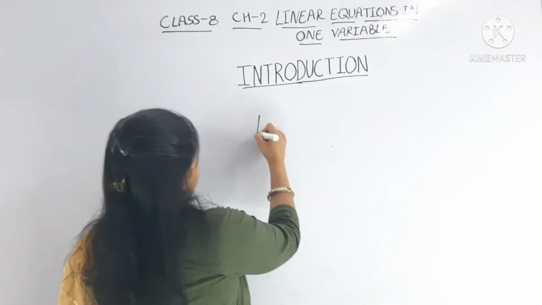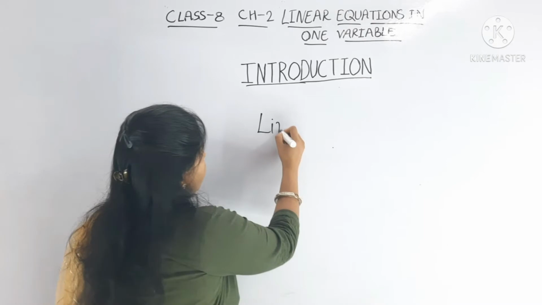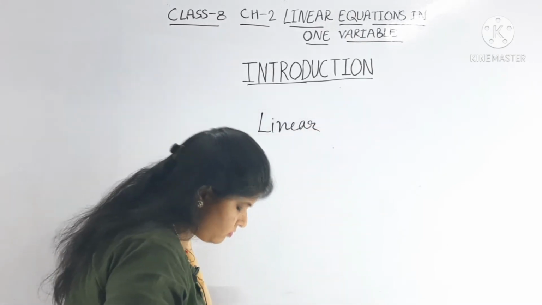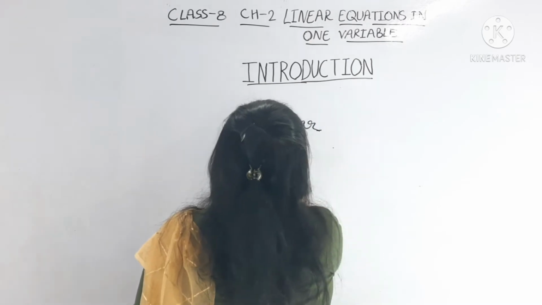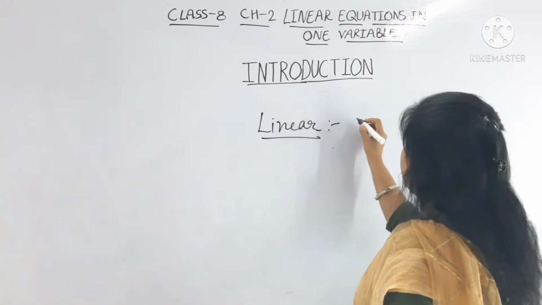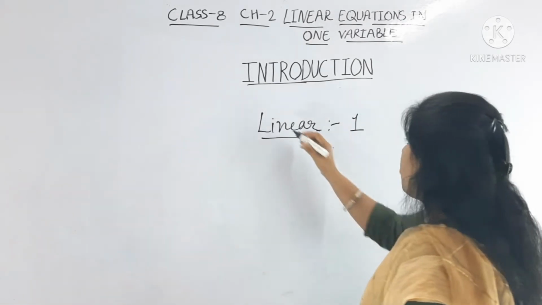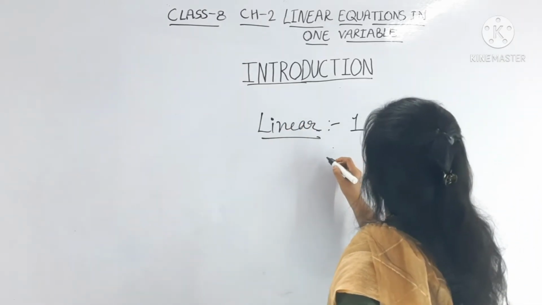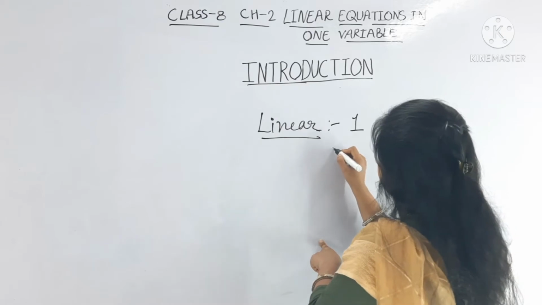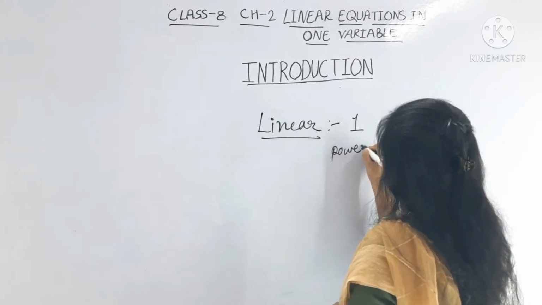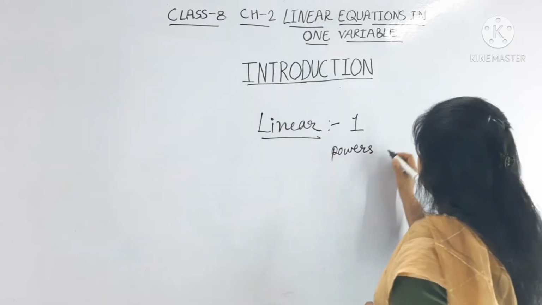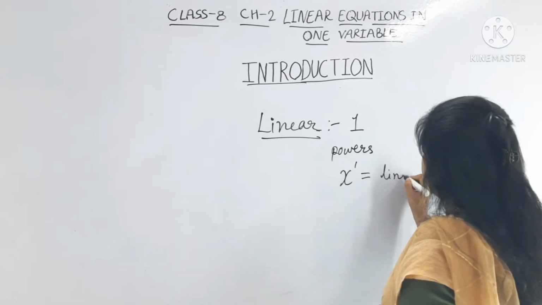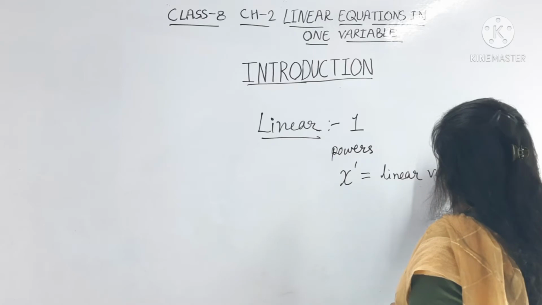Now what do you mean by linear? Linear you can call as 1. We have to take powers, like x power 1. You can write this as a linear variable.